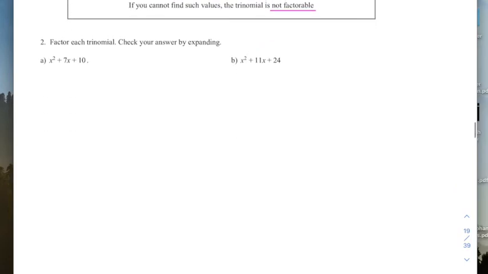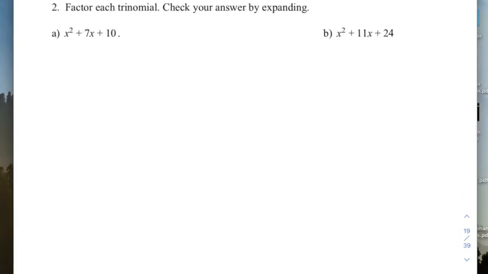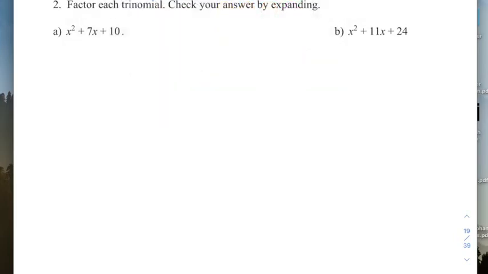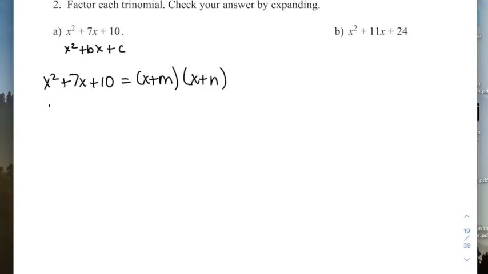We're going to factor each trinomial. Remember that what factoring means is, first of all, we can recognize that this is in the form of x squared plus bx plus c. I want to write x squared plus 7x plus 10 in the form of x plus m times x plus n, where m plus n equals b and m times n equals c.